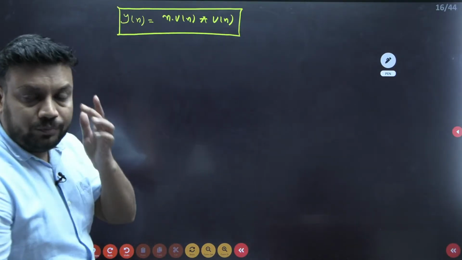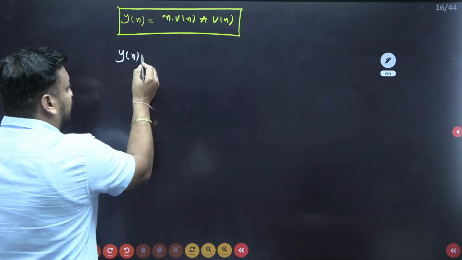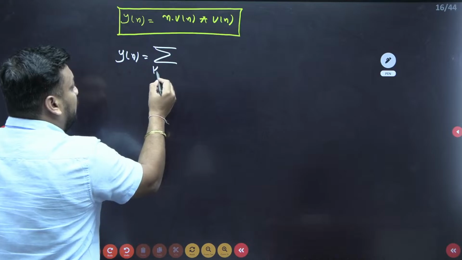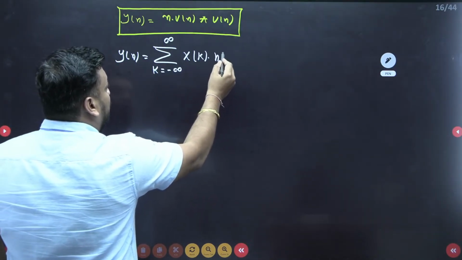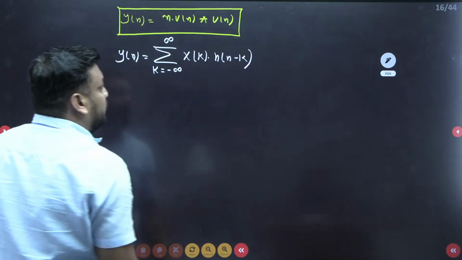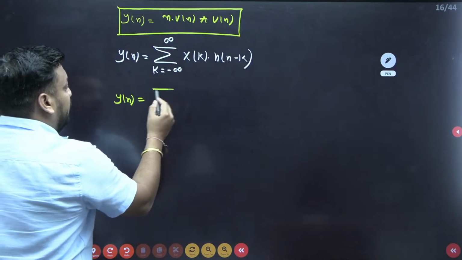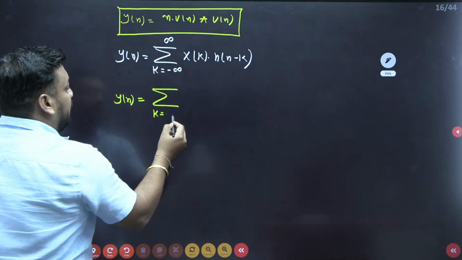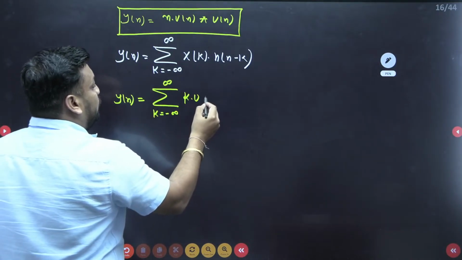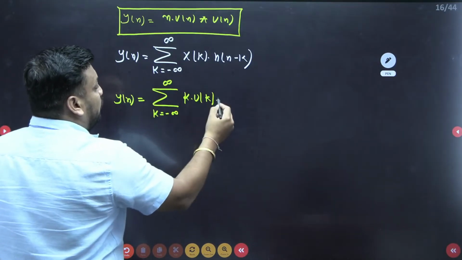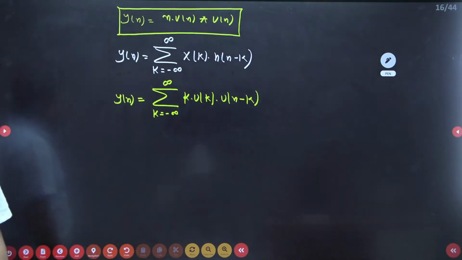Yes or no? So if I convolve this, the convolution formula says that y[n] is nothing but the sum over k from minus infinity to infinity of x[k] h[n-k]. If I put in these values, I will get y[n] equal to the sum over k from minus infinity to infinity of k u[k] times u[n-k].